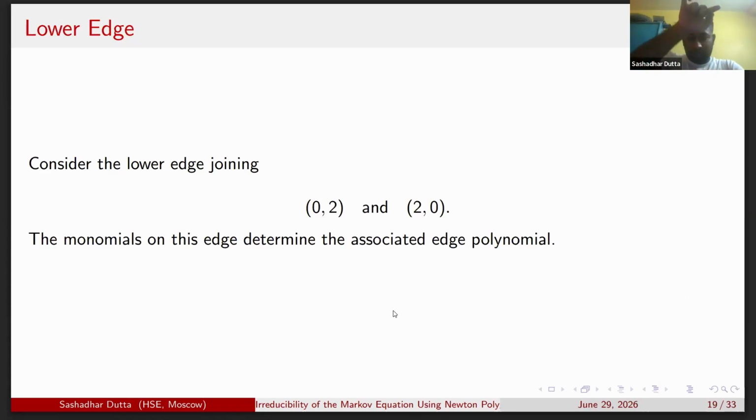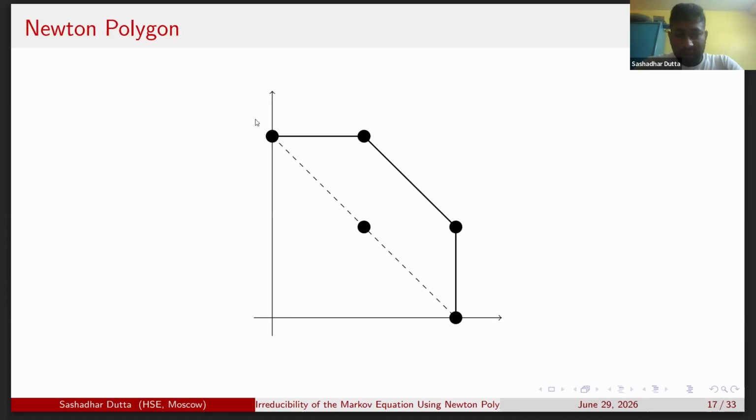Now I want to discuss the lower edge. Lower edge means the edge between the lower part; for our cases, 0,2 and 2,0. This is the lower edge of our cases. You can see this is the y-axis, so 0,2, and this is the x-axis, 2,0.